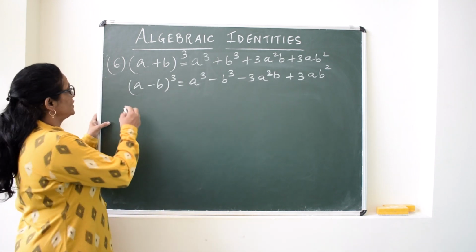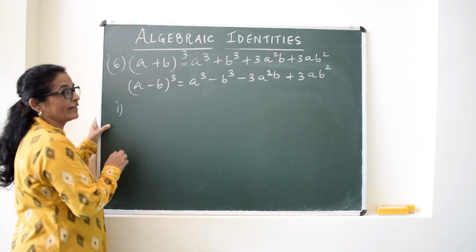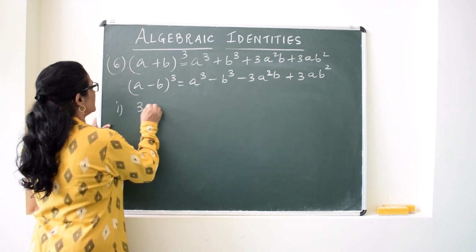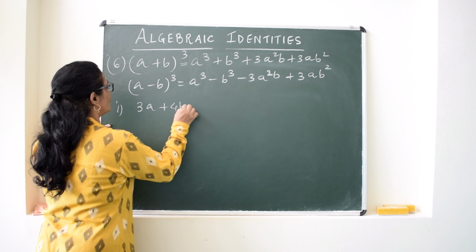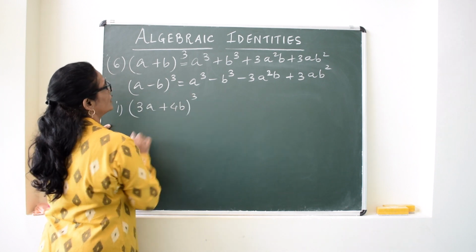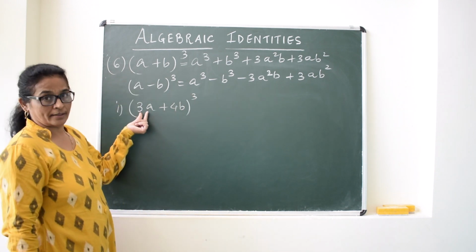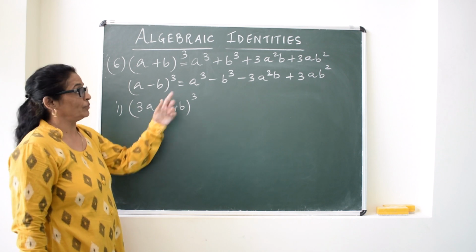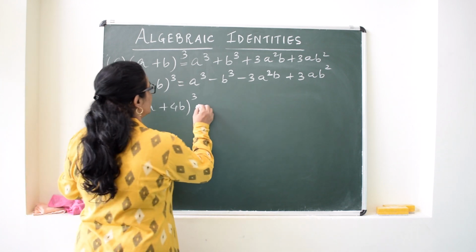I'll take two examples. First is, find the expansion of (3a plus 4b) the whole cube. So the first quantity is 3a and the second quantity is 4b. We will apply the identity's expansion.